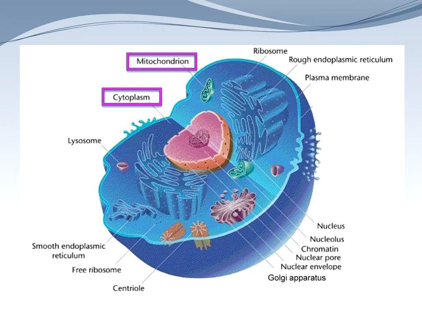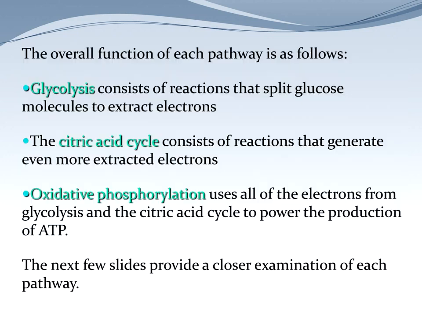Glycolysis takes place in the cytosol of the eukaryotic cell outside of the mitochondria. The citric acid cycle and oxidative phosphorylation both take place within the mitochondria. Each of the 3 pathways has a specific function in the overall process of cellular respiration. The chemical reactions in glycolysis split glucose molecules in order to extract electrons from them.